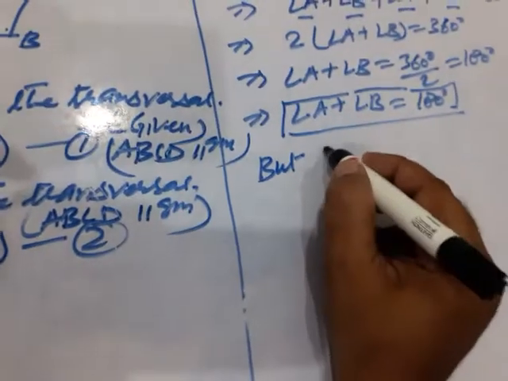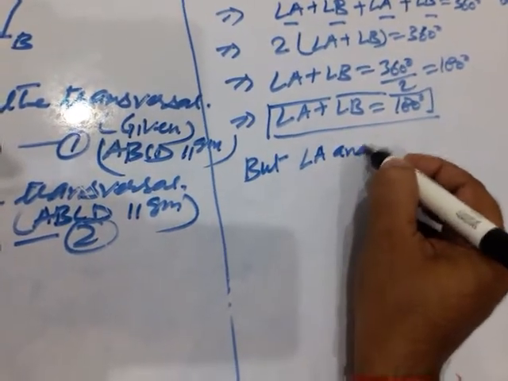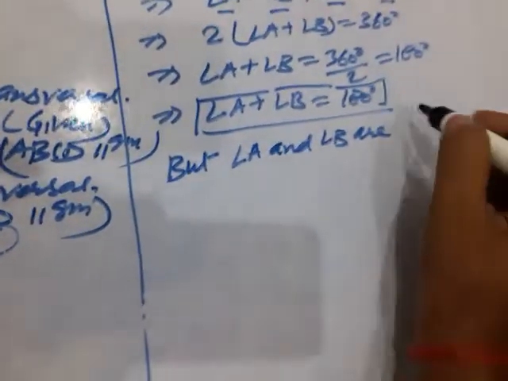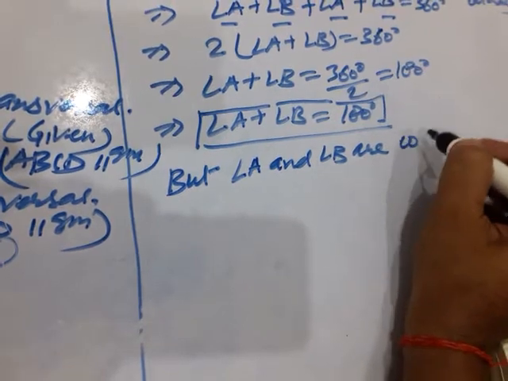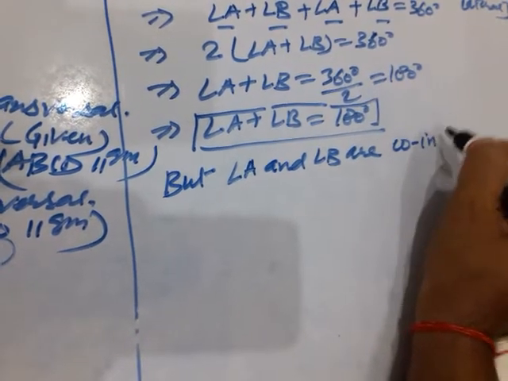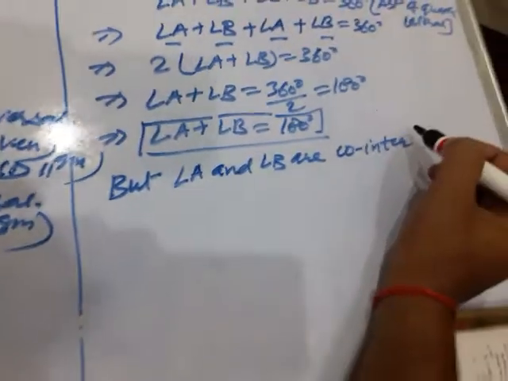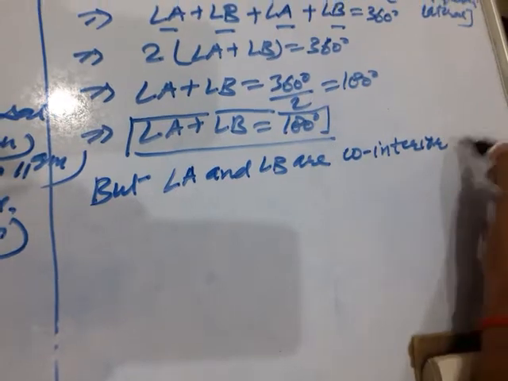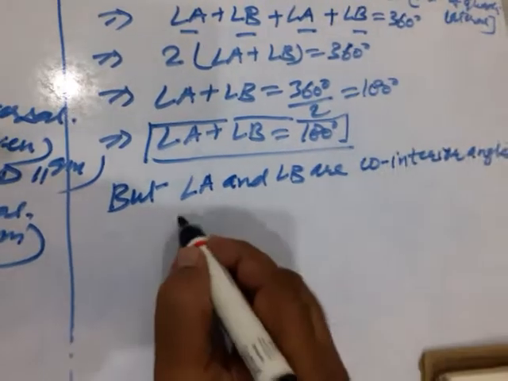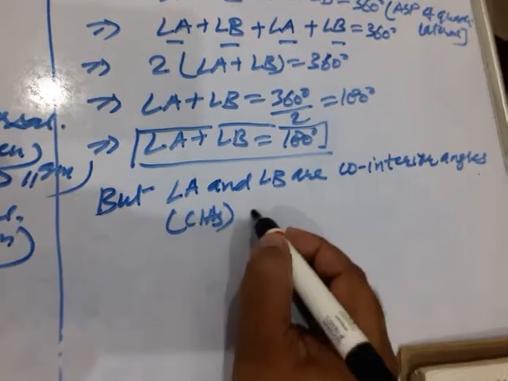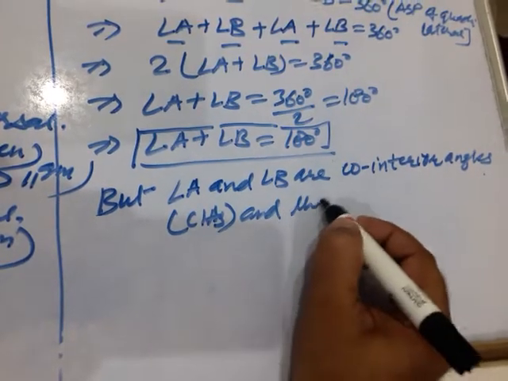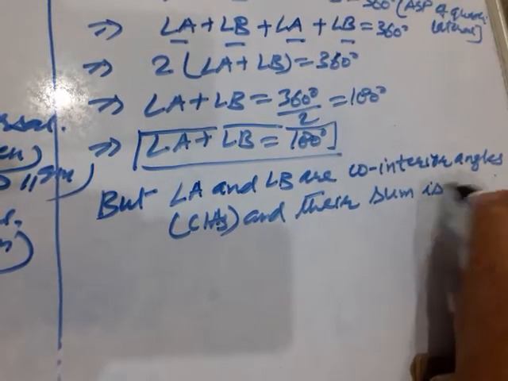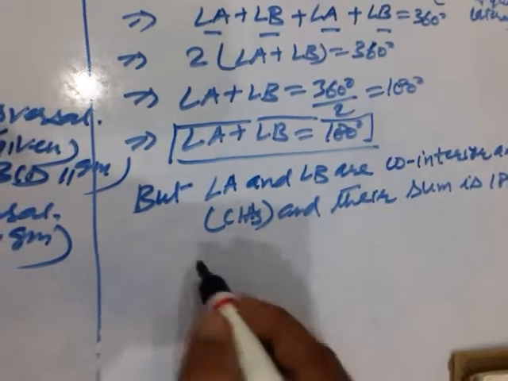But angle A and angle B are co-interior angles, that is CIAs, and their sum is 180 degrees.